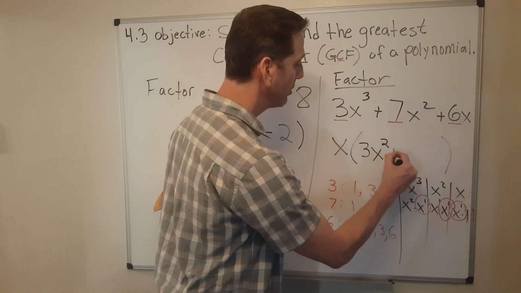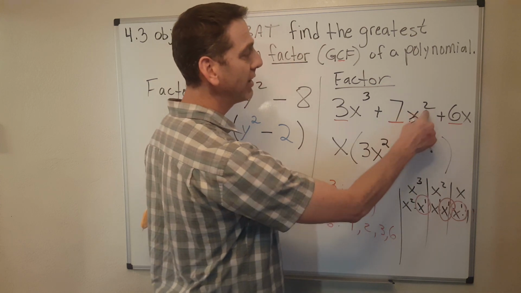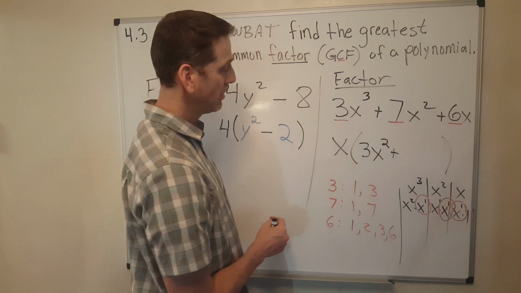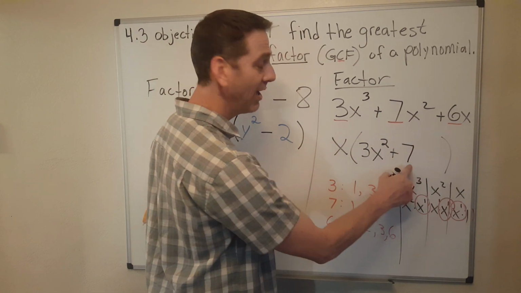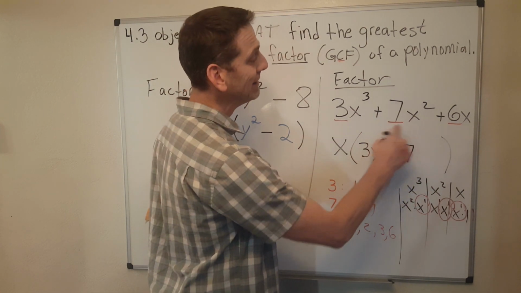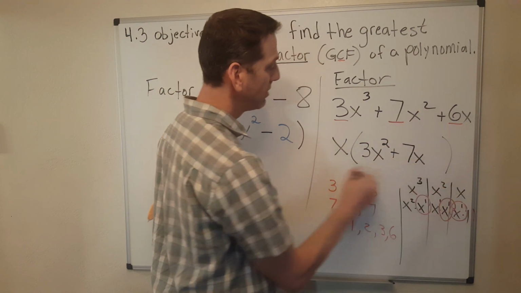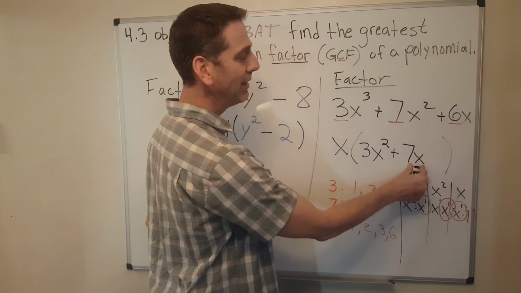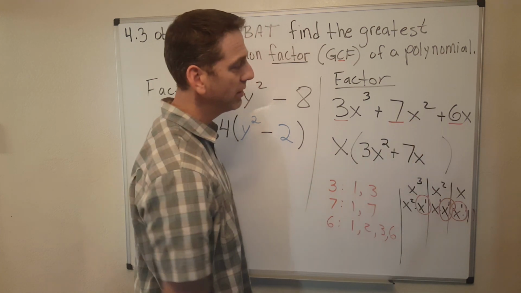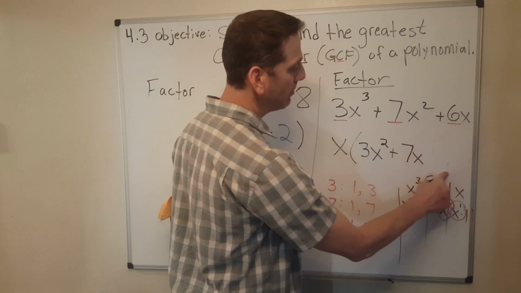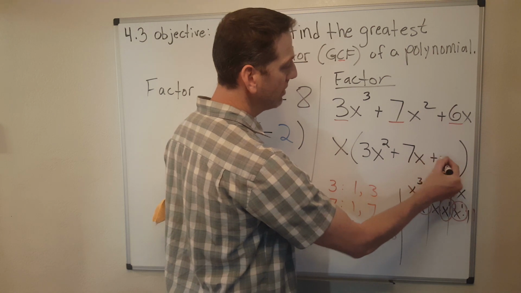And now we go to the next term. X times what is 7x squared? Well, I know I'm going to need a 7. So I got x times 7 is 7x, but I need another x in there, don't I? So x times 7x is 7x squared. Boom, just what I have there. Now I need a plus sign there.